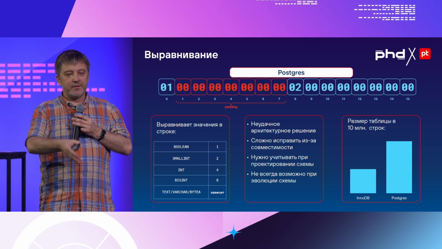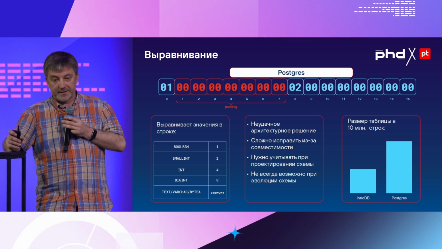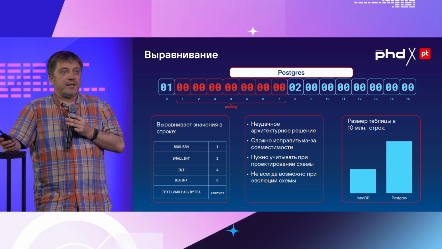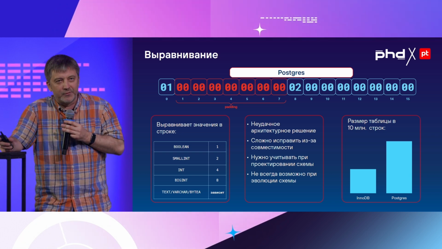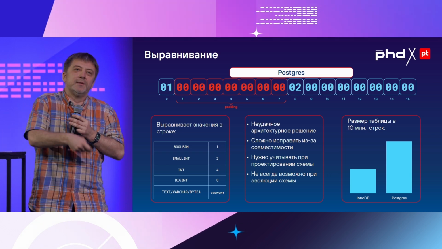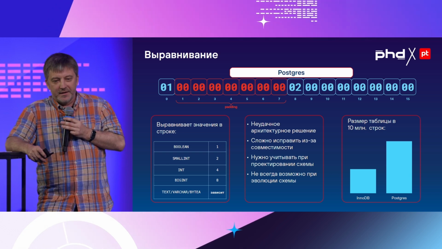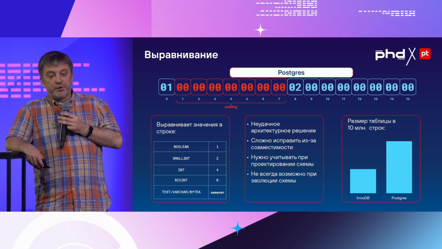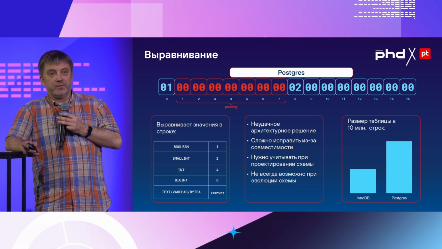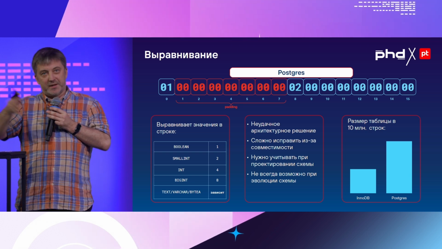So the offset of each field in the record is done through adding zeros. It's not a very good architectural decision. I have some ideas why people did that, but I don't think those reasons were important enough. It can all be bypassed. And a good example of that is MyDB, because they were able to bypass these restrictions.